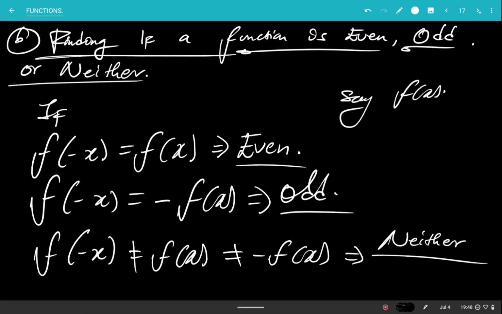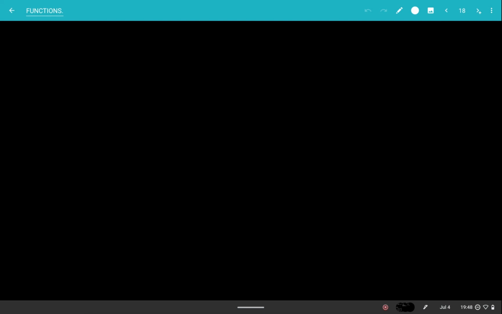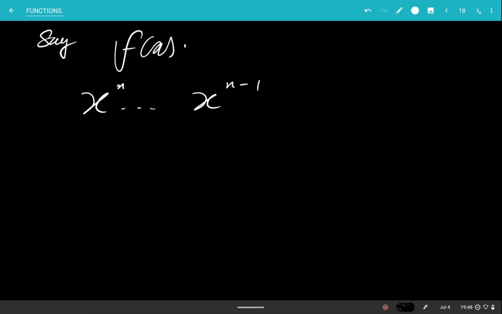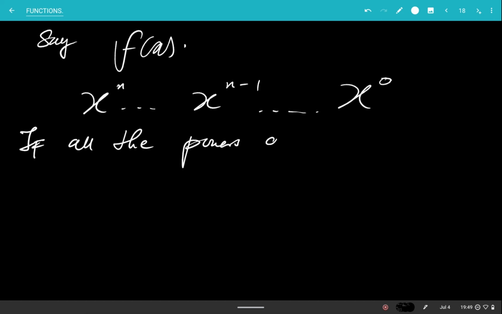But there's a shortcut. Spoiler, just look at the spoiler already. If you have the same function, say f of x, and the powers of those terms are x to the n, then x to the n minus 1, down to something like x to the 0, which is a number, a constant. What you need to understand is this: if all the powers you have are even, then f of x is what?